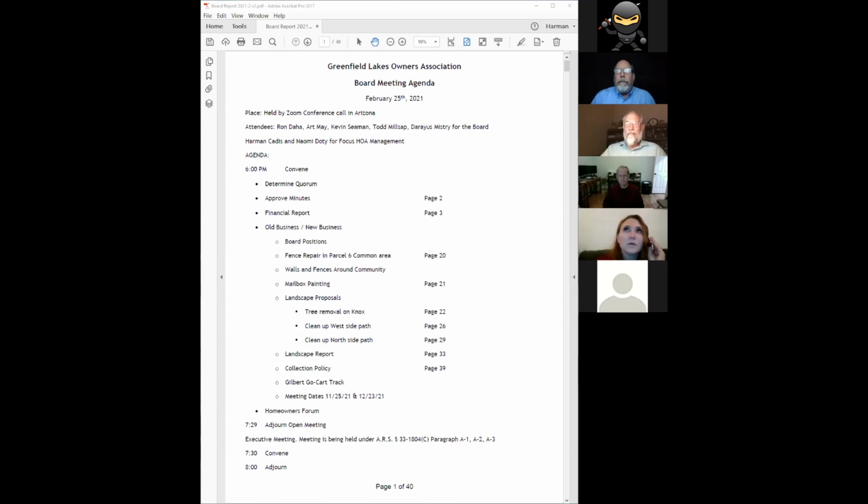So what's the difference? There's a huge difference here. First of all, the noise. Number two, the traffic, which we still haven't had that median cut back. Number three, it's going to devalue our homes.